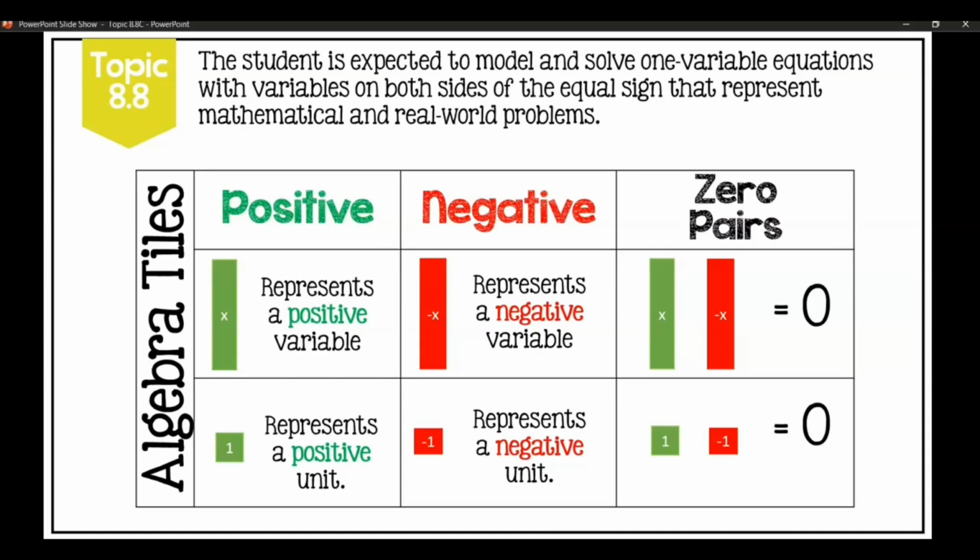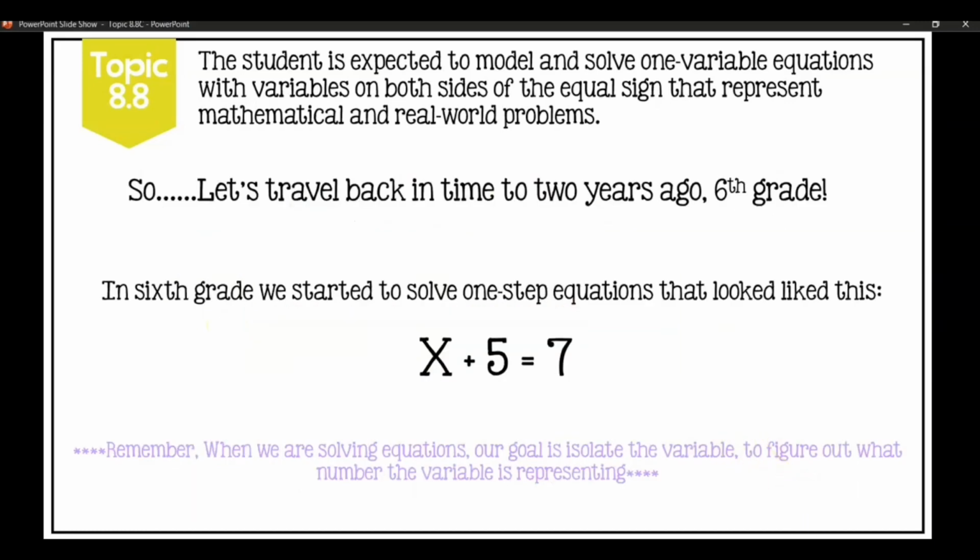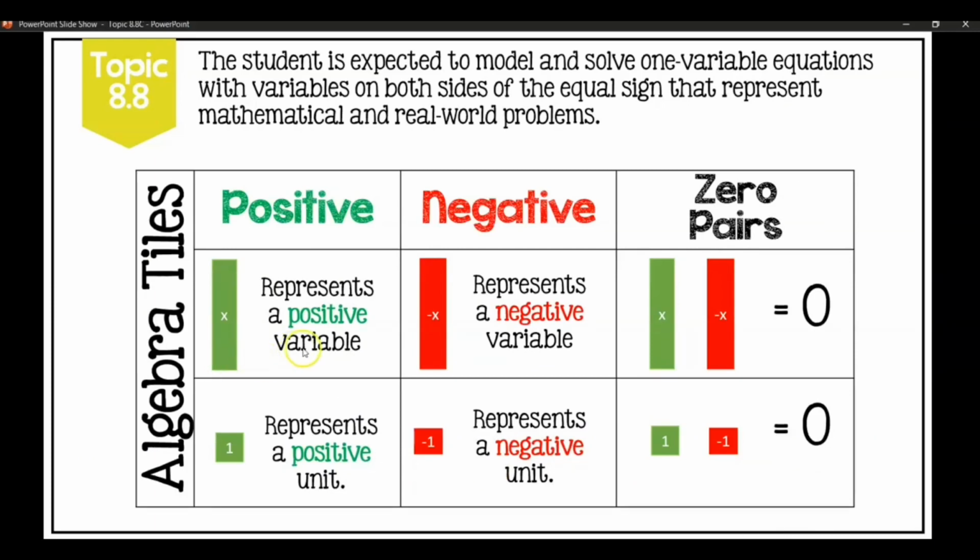So if you notice in the table, we have positive and we have our negatives. The variables are going to be represented by the long rectangle tile, and they'll have an X on it. It'll have a positive X or a negative X. And again, most of the time the positive ones will either be green or yellow of some sort.